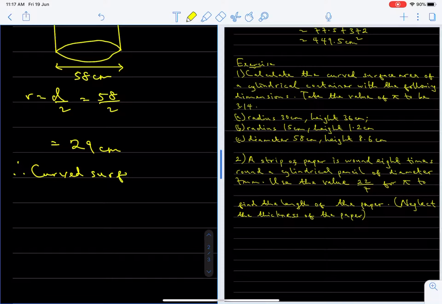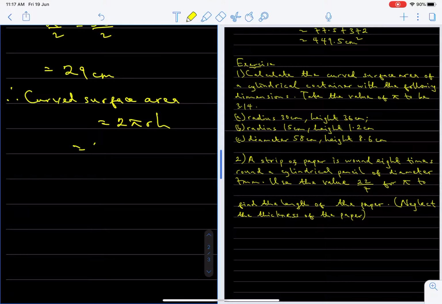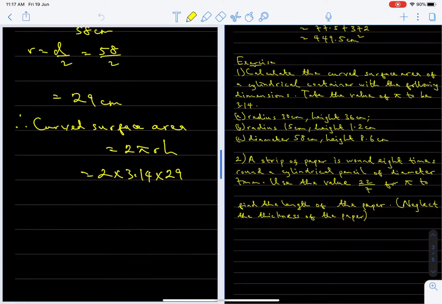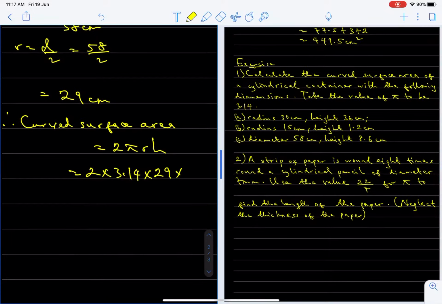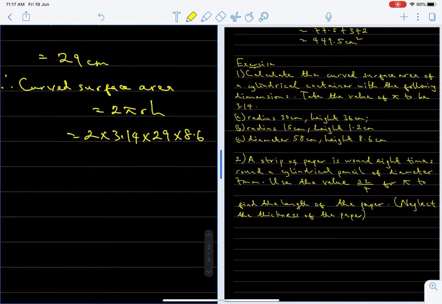Therefore, the curved surface area of the cylinder, which is given by the formula 2 pi r h, is equal to 2 times pi, which is 3.14, times radius, which we found to be 29 centimeters, times height, which is 8.6 centimeters.